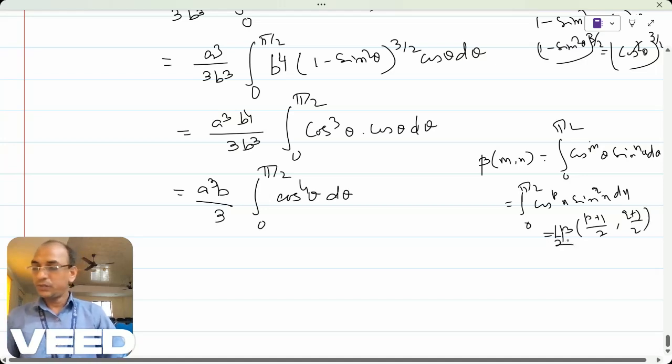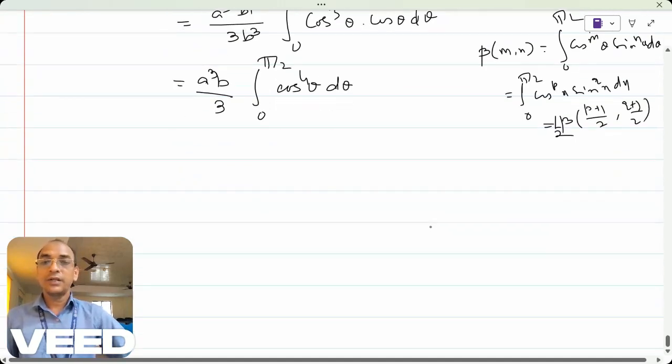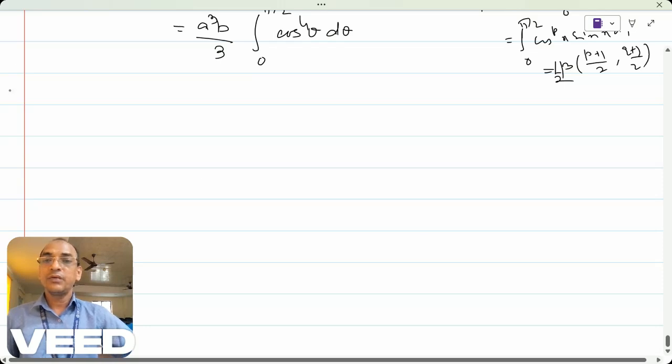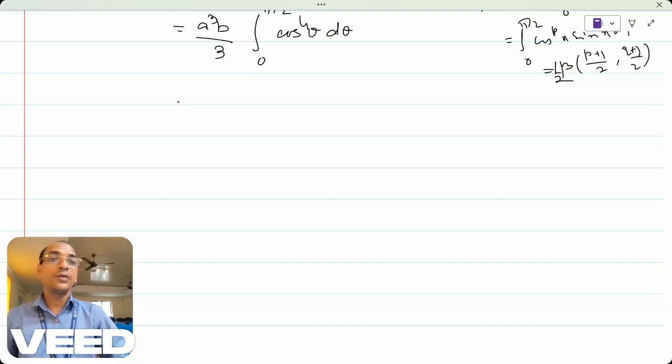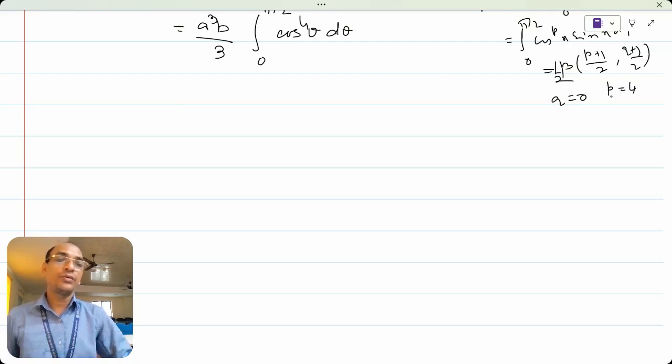Okay, so this will be the thing. So now we will apply that one and we will try to simplify it. What we will get is n equal to 0, so q equal to 0, and p equal to 4.